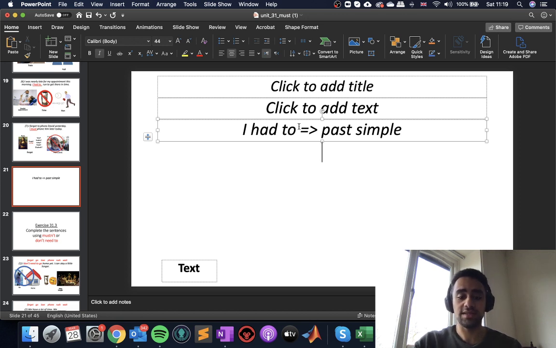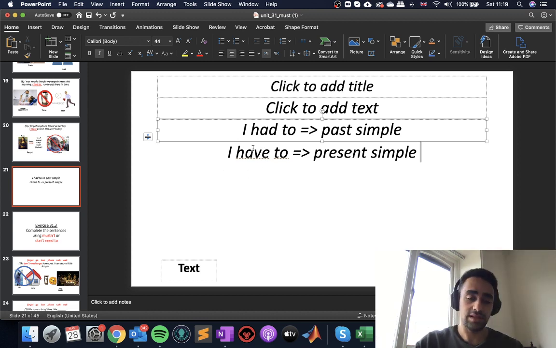Because the present simple, "I have to," is in the present simple. Our main verb in both of these is have. So in the past, we're not using it as a helping verb or anything like this. So this is our main verb: in the present, I have. In the past, I had.